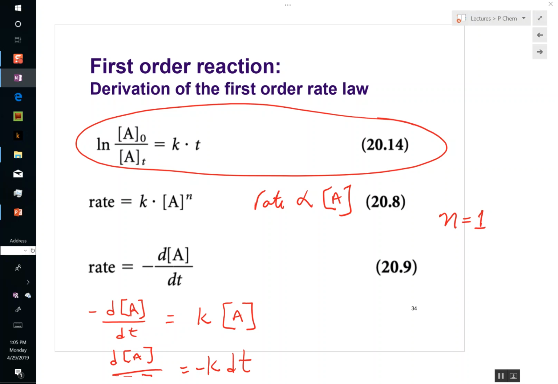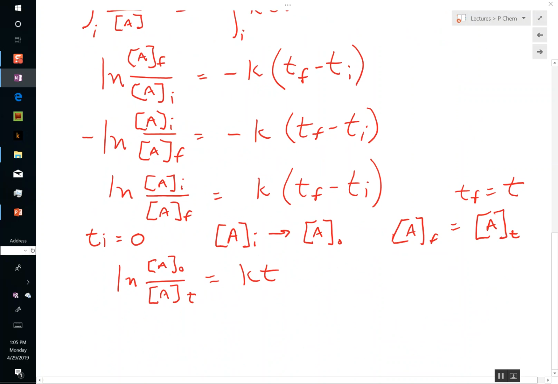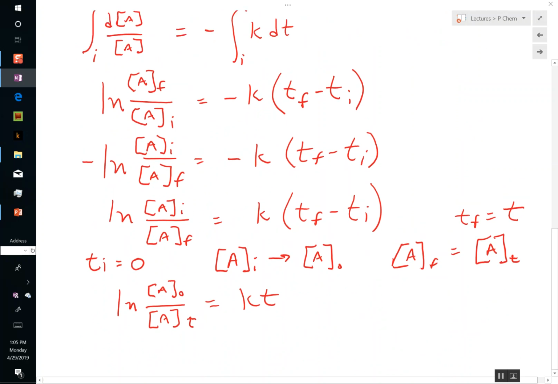And what we're really interested in is what is going to be the concentration of A at some time after the start of that reaction. Okay, so there's not a whole lot of steps in there, but a couple, and we get to that equation.